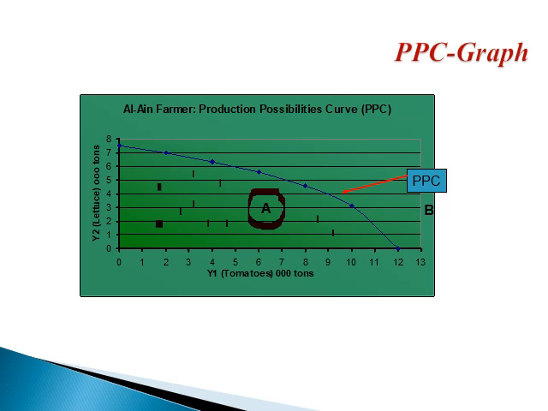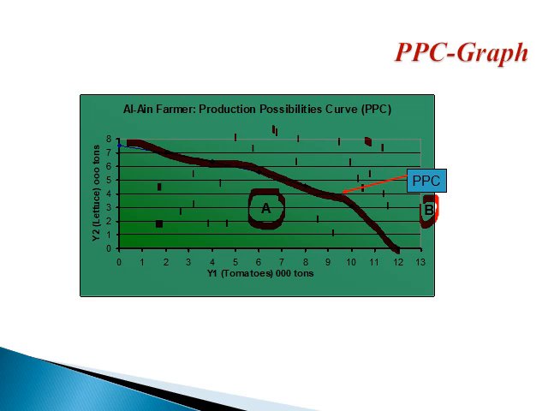Anything here, which is B, anything in this area here is impossible. Why? Because I do not have the resources or the inputs that will allow me to produce that much. The maximum output that I can produce given the resources I have is anything on that line. Anything below that line is possible but not good because I did not utilize all the resources I have.